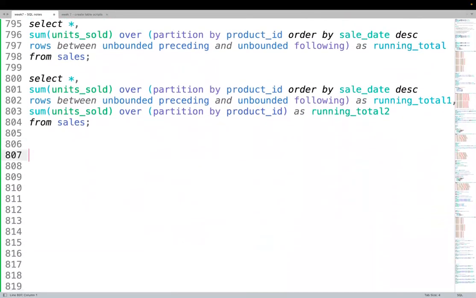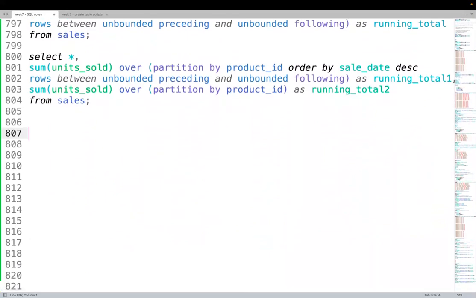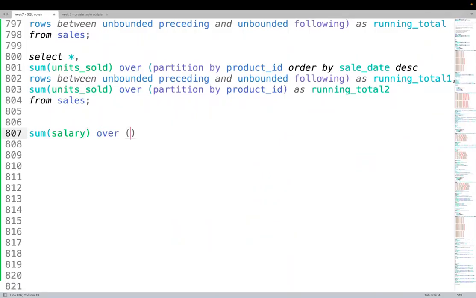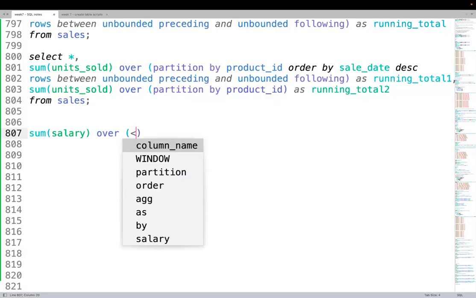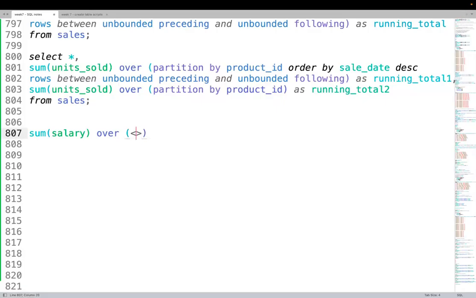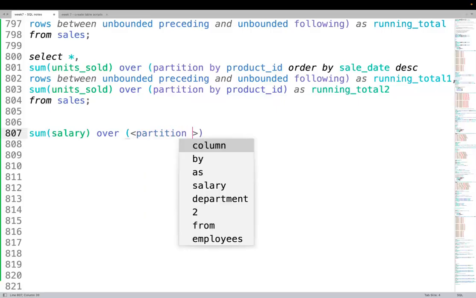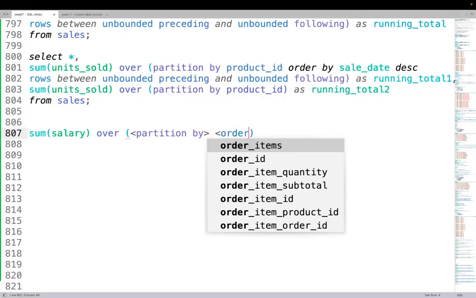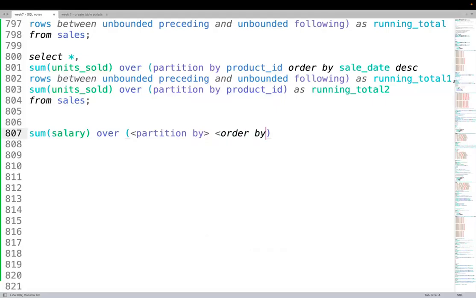You write some aggregate function like sum, and then give some column name like salary, right? And then over, and it's optional whether we want to give partition by or not. So partition by, whatever column you have to give, and then order by is also optional.